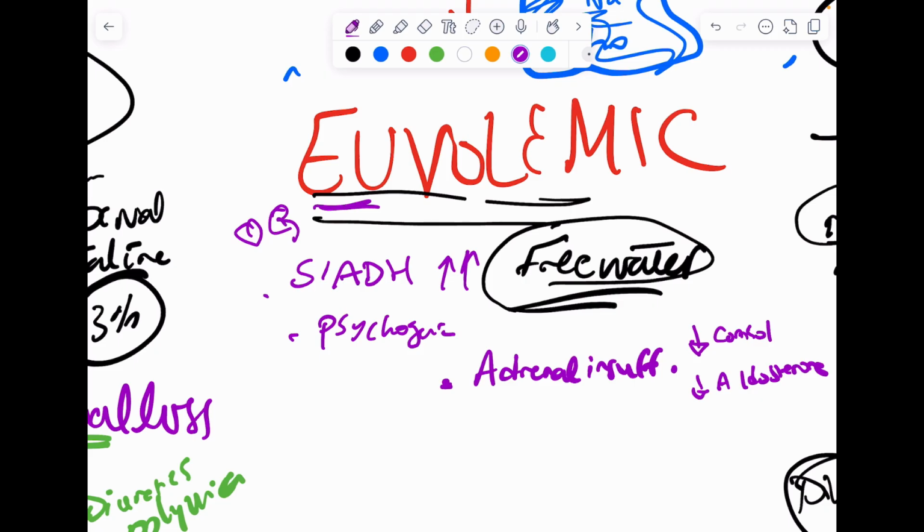So that means you're not keeping your sodium in. And if you're not keeping your sodium in, that means it's going to be diluted in the free water. So in the end, you're going to have hyponatremia, right? Or severe hypothyroidism for a similar effect.